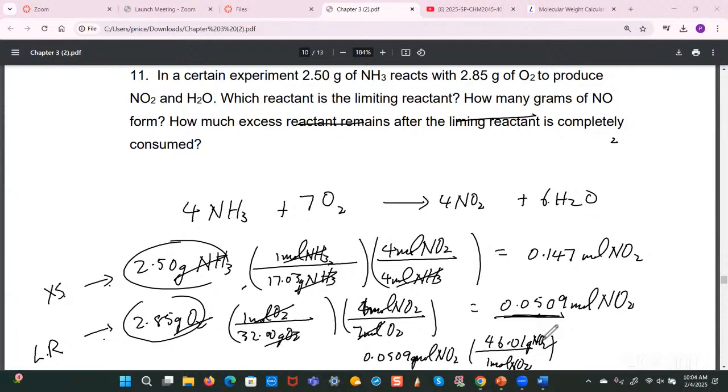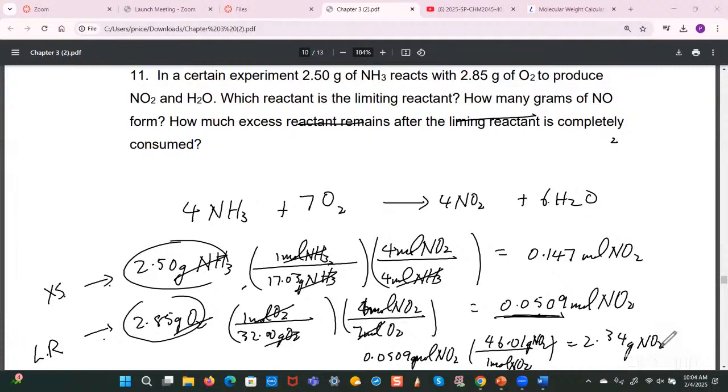So let's multiply that. We're going to multiply 0.0509 by 46.01, and according to my calculation, rounding to 3 sig figs, that becomes 2.34 grams of NO2. All right, any questions about this? So we have answered the second part of this question.